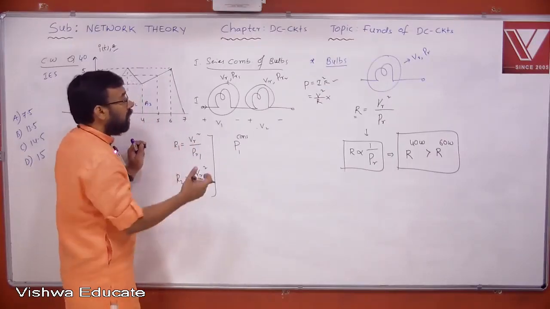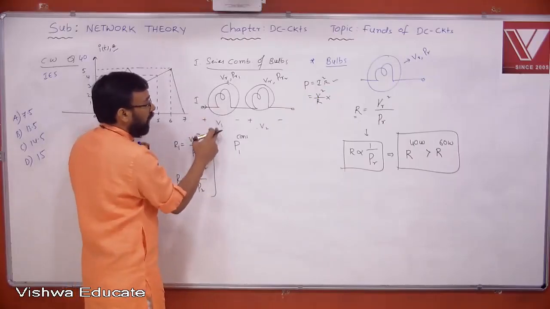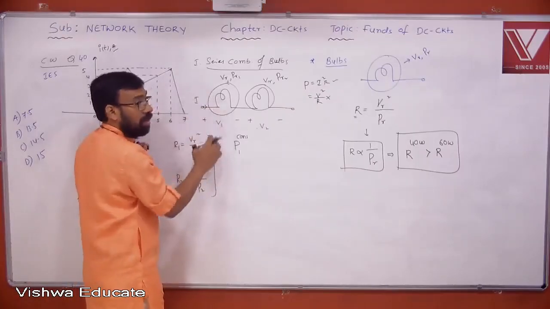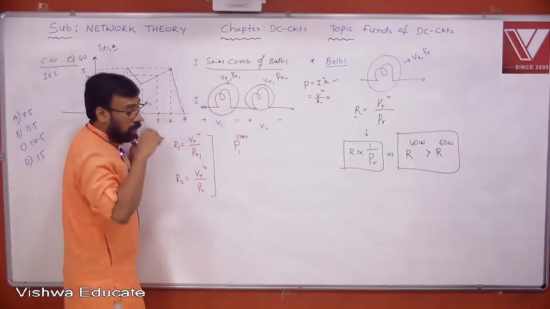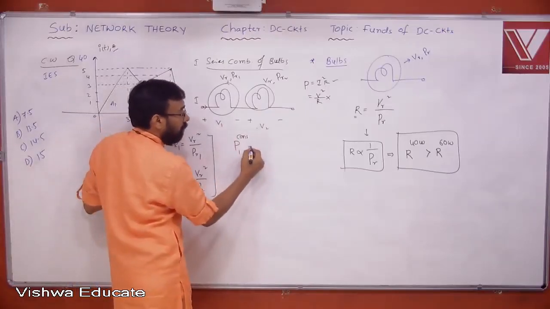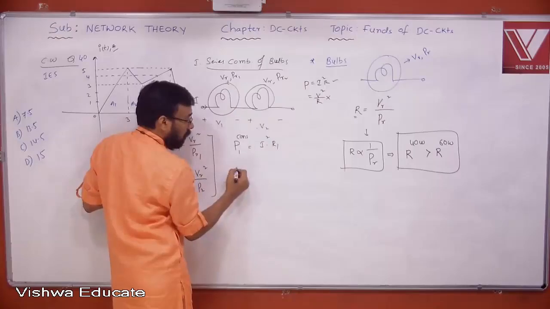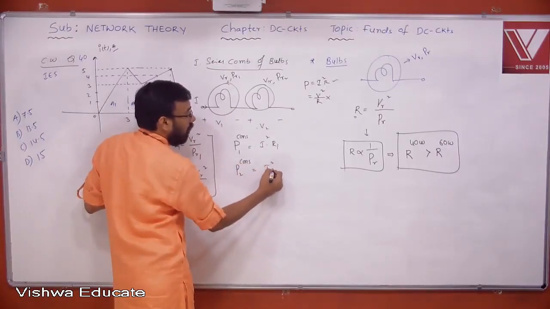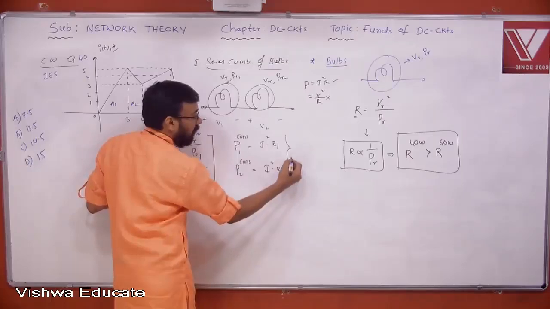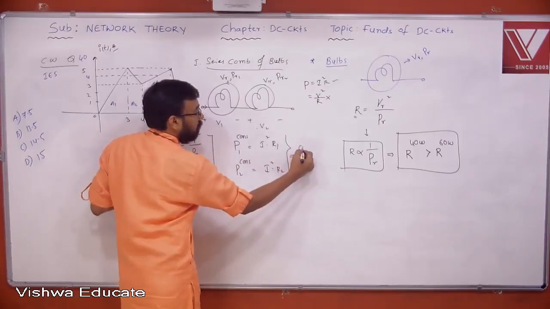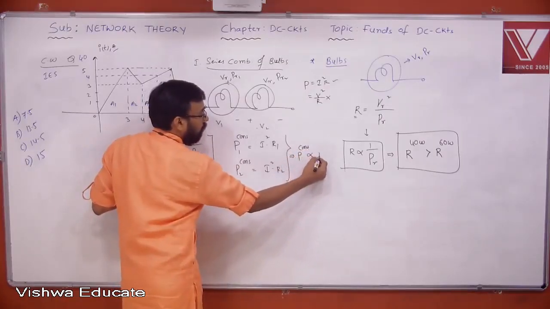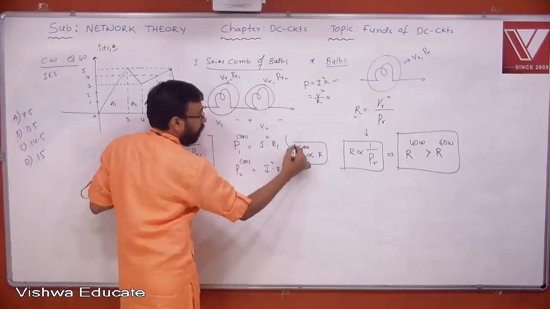But here, the operating voltage is V1, it's not VR. Voltage gets divided here. Yes or no? Therefore, power consumption can be calculated here as I square into R1. And power consumption of the second bulb is I square into R2. From this, we understand that power consumption is directly proportional to R.